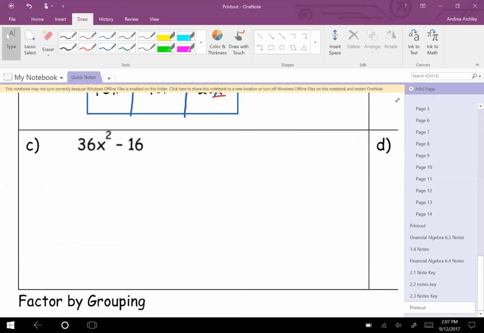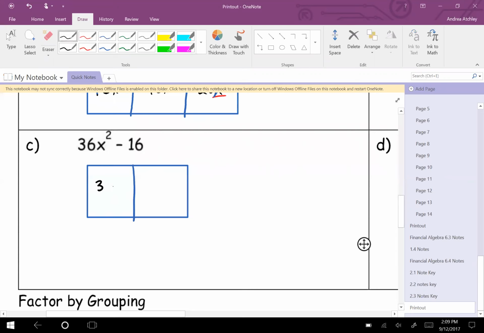Okay, you guys do the next one, C. So we have our 36x squared minus 16. Jacob P, what did you think the GCF was?